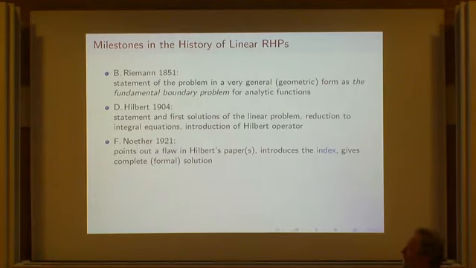This was pointed out almost 20 years later by Fritz Noether. Fritz Noether was the first who treated this problem appropriately, I would say. He introduced the index. His paper is the birthplace of the concept of index, which has later been generalized to become a real big theory.